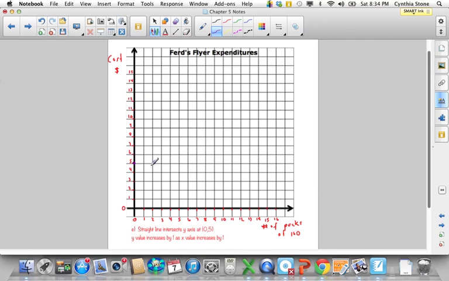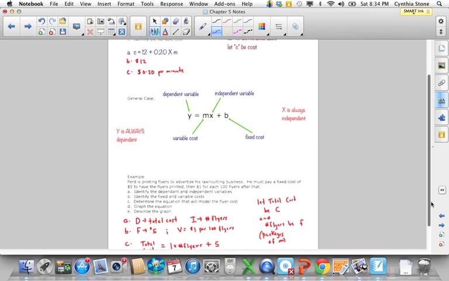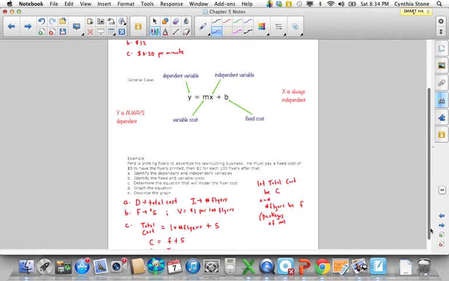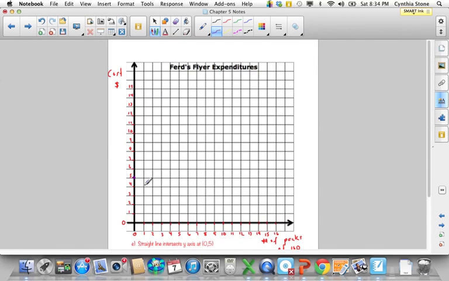And then after that, he pays $1 for each 100 flyers. So just remembering that each package of flyers is $1, one package of flyers will be $1 more than that. 2 packages of flyers, I just keep going up by 1.